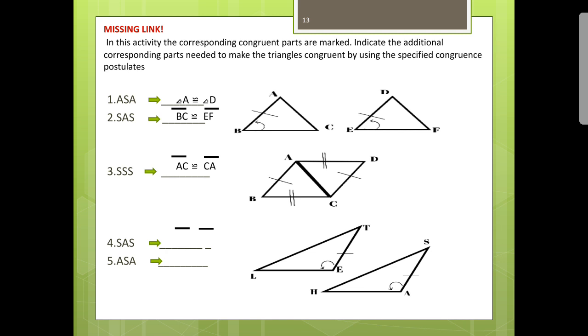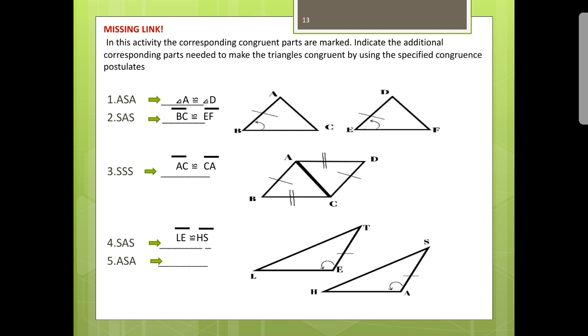The first congruent side, obviously, using the identical marks. There is also a congruent angle. So, therefore, the additional part is the congruent side, and that is side LE is congruent to side HS.